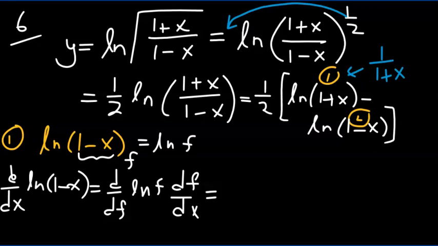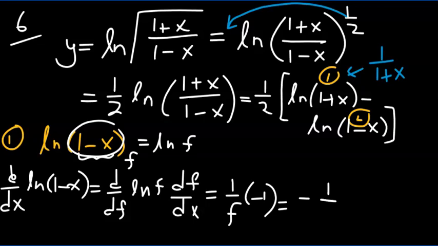So d natural log of f df is 1 over f. df dx is minus 1, because f is 1 minus x. So putting everything together, you get minus 1 over f, which is 1 minus x. And that is the result of differentiating term number 2, minus 1 over 1 minus x.